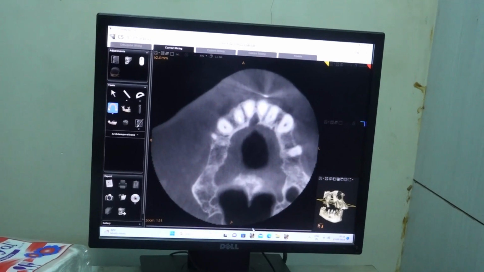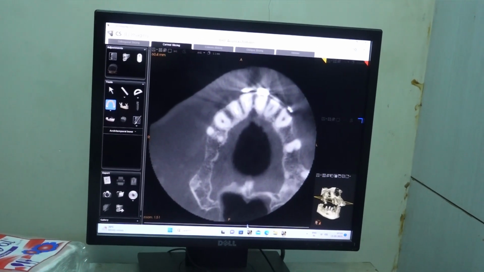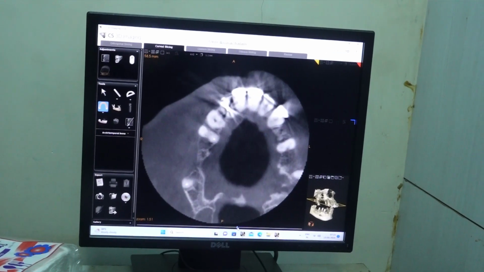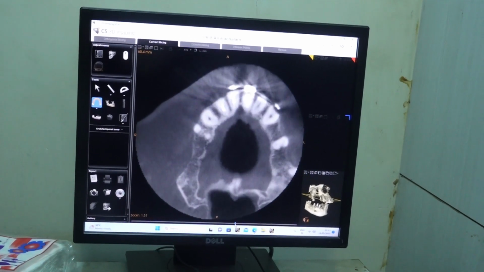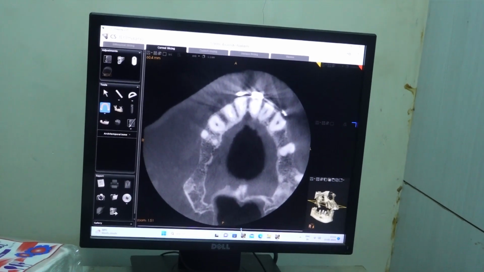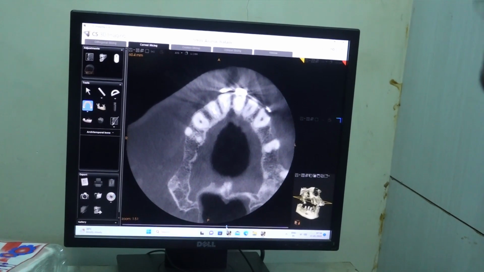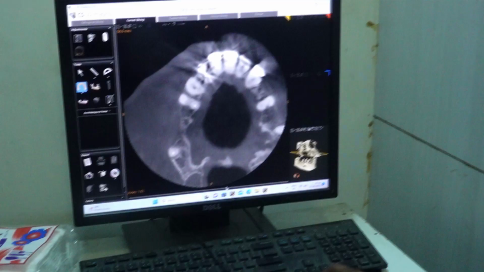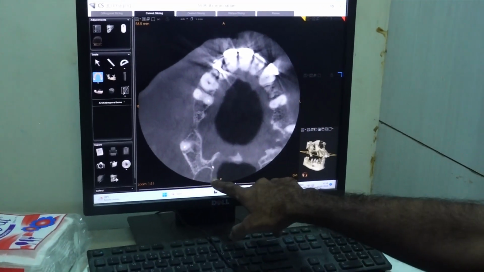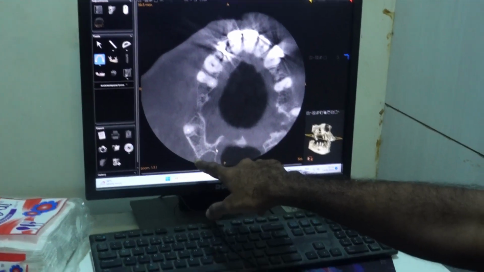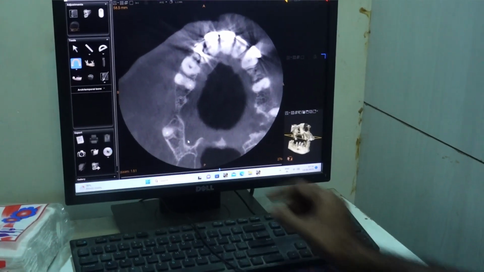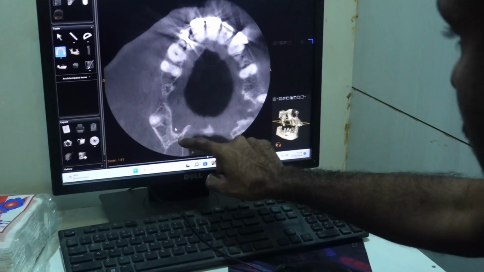Now this is almost in the CEG. See, here you can see the medial pterygoid, lateral pterygoid. So this is the tuberosity, this is the pterygoid.